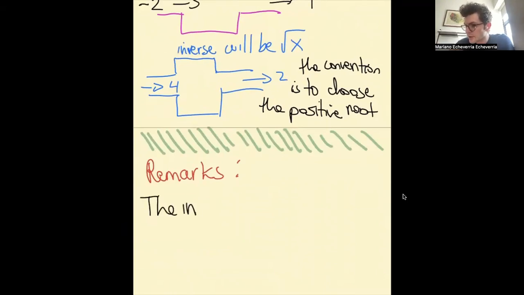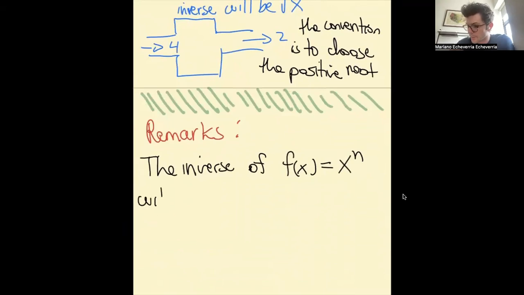The inverse of f of x equal to x to the n will be f inverse of x, which is x to the 1 over n, or the nth root of x.